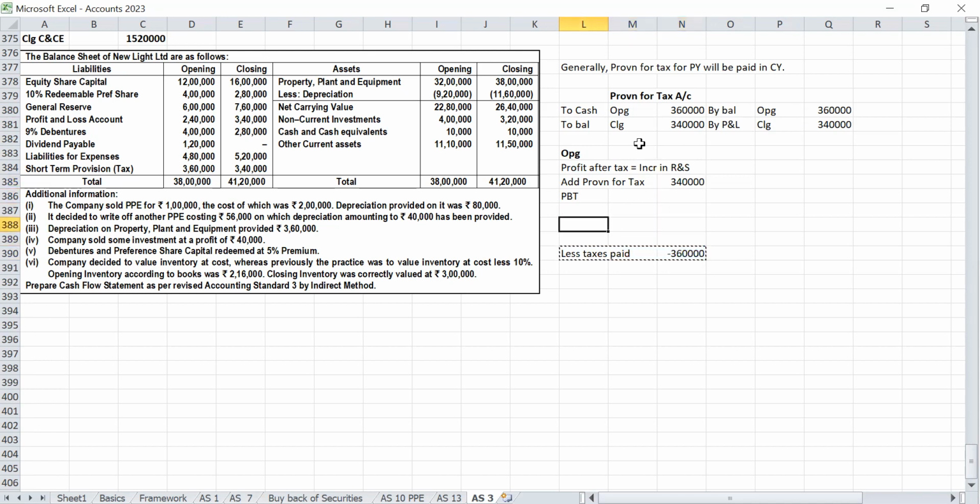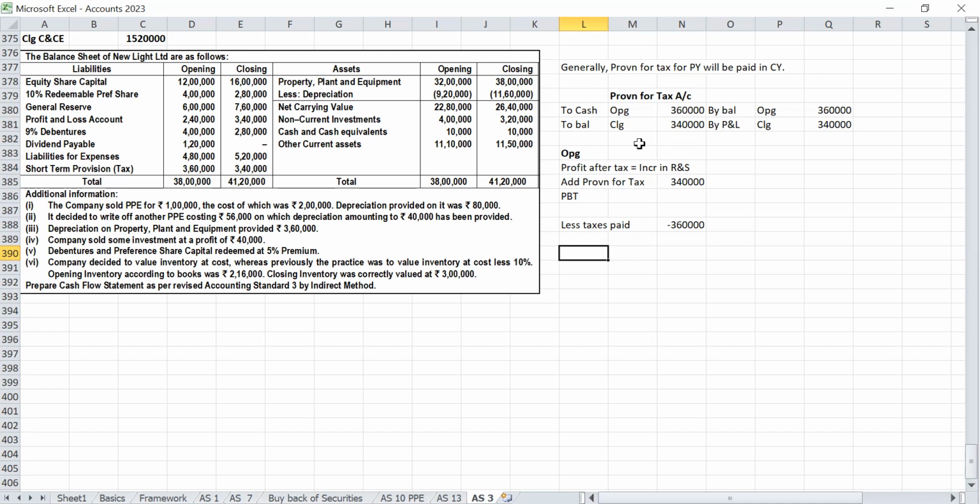Read the sixth point, Karthik ji. The company decided to value inventory at cost, whereas previously the practice was to value inventory at cost less 10%. Opening inventory according to the books was 2,16,000.